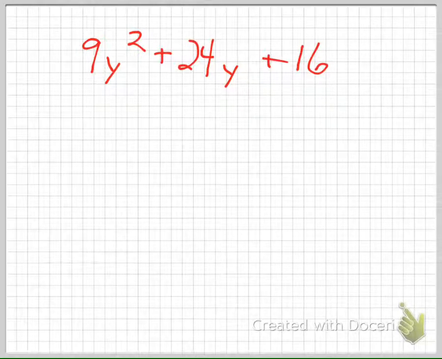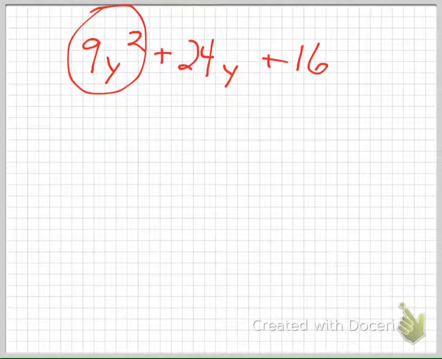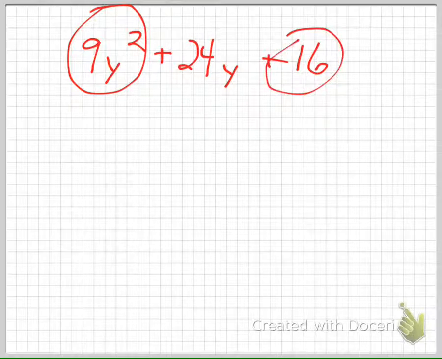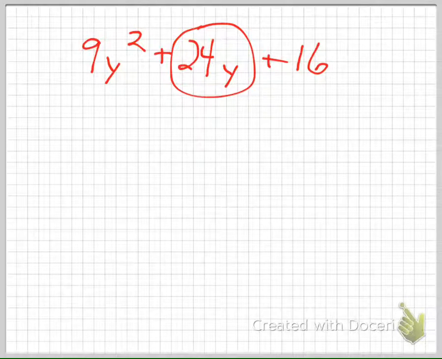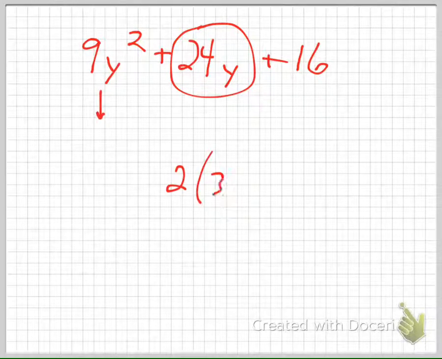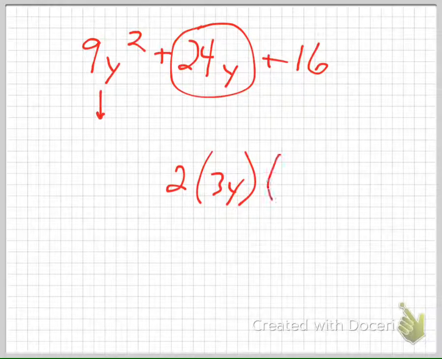Then you look and go, is that a perfect square? Yes. Is that a perfect square? Yes. Is 24y equal to 2 times, what's the square root of 9y squared? 2 times 3y. And what's the square root of 16? 4.